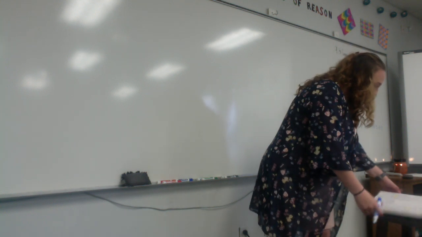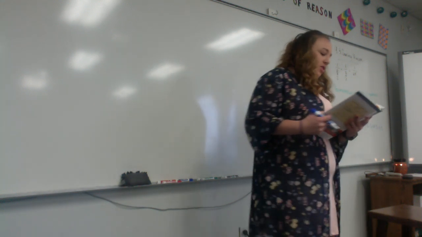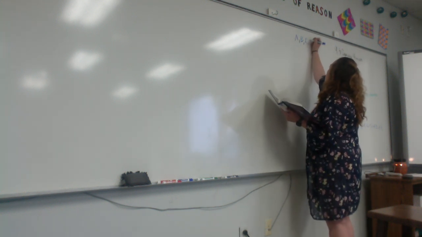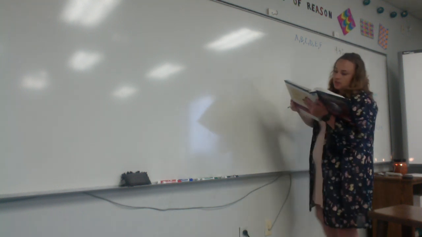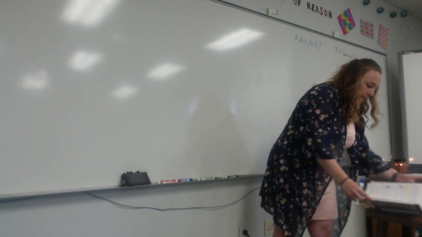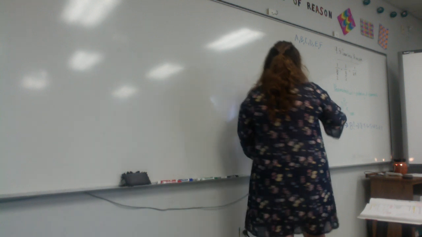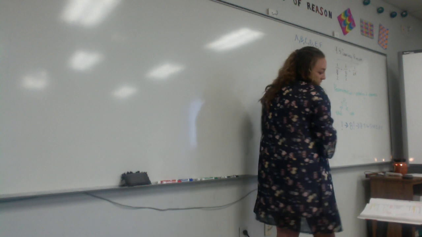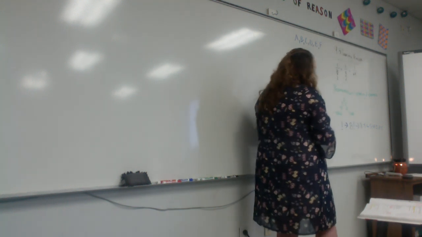So, permutations of elements. Let's look at a couple problems. It says, how many permutations of the letters A, B, C, D, E, and F are possible? So you have A, B, C, D, E, F. How many permutations of that are possible? How many total letters are there? 6. So in the first space, how many letters could go there? 6. In the second space, how many letters could go there? 5. And then it's going to go 4, 3, 2, 1.